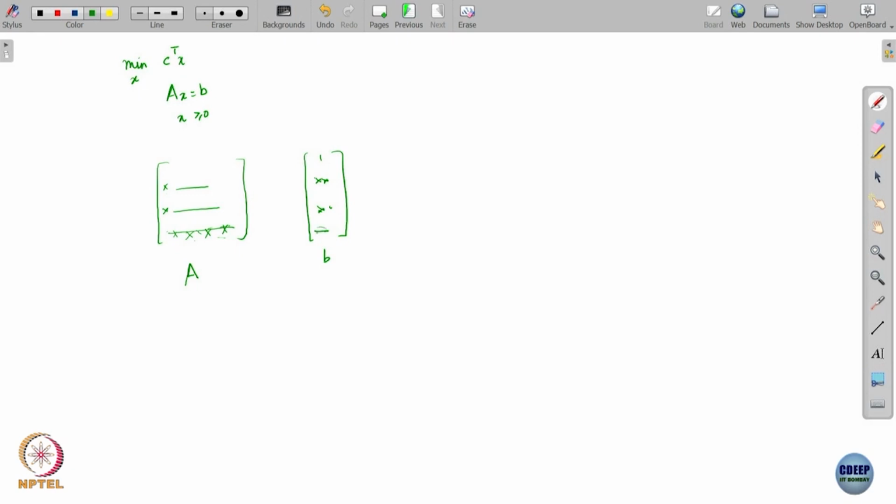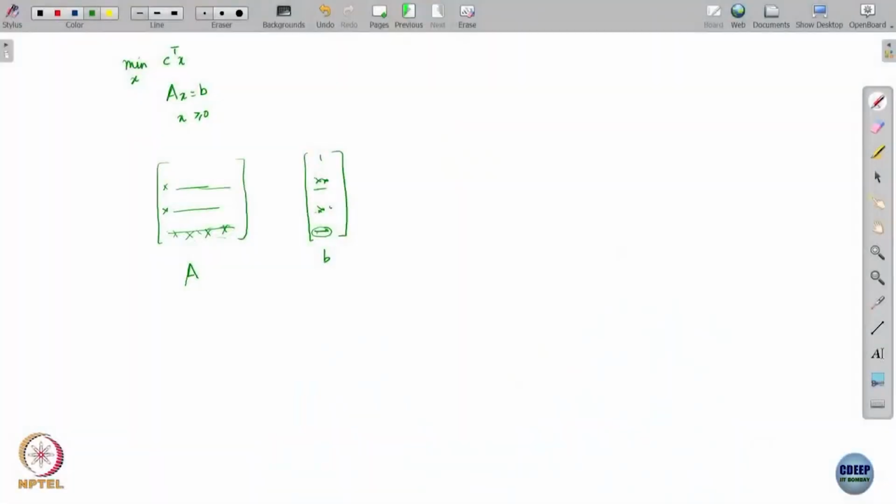What should happen to this after those transformations? If these equations are consistent, this should also become 0. Otherwise, these equations are not consistent, in which case the feasible region itself is empty. So if these three equations are consistent, then after these row transformations, not only should this disappear, this should also become 0.